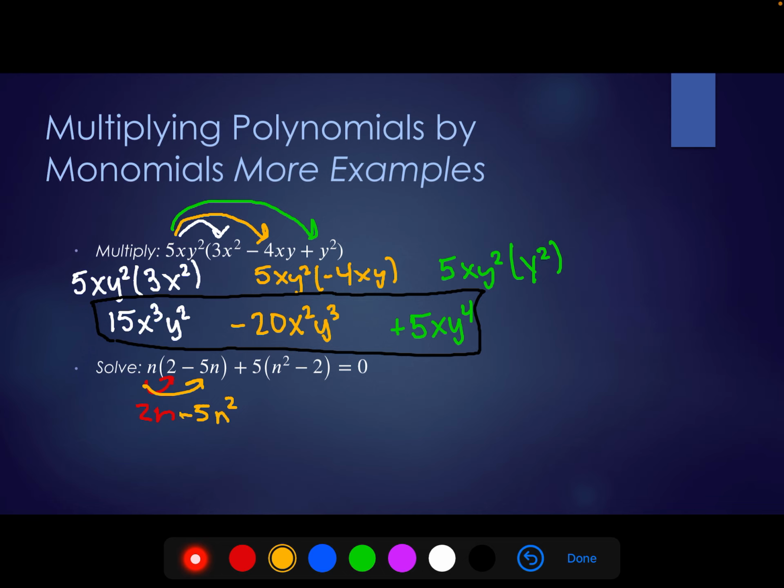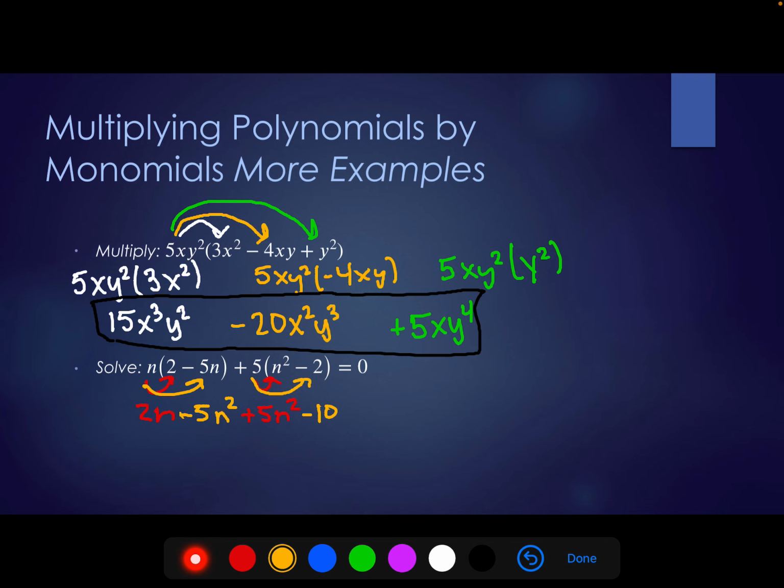And now over here, we have 5 times n squared, and that would give us a positive 5n squared. And then we have 5 times negative 2, and that gives us negative 10.